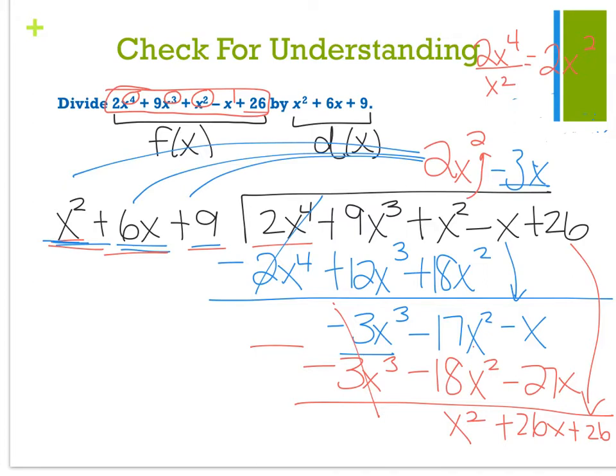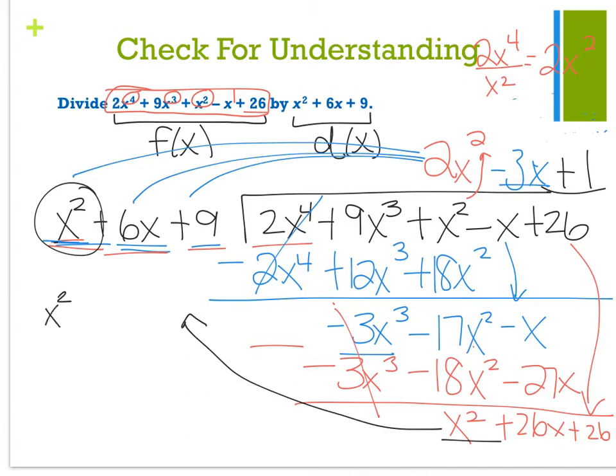So, first thing I'm going to do here then is divide x squared into x squared, which gives me a positive 1. And I'm running out of room at the bottom here, so I'm going to have x squared plus 26x plus 26.